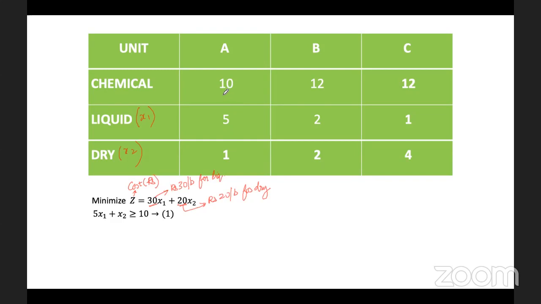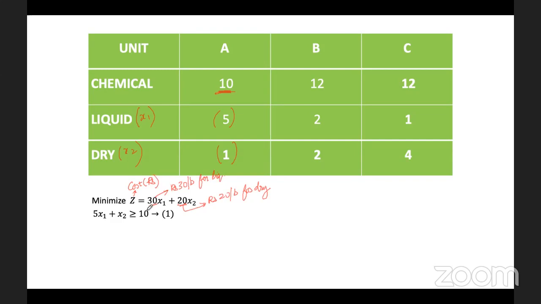First line of the question goes like, minimum you require 10 units of chemical A, minimum. Okay, so either it can be as a liquid or as a dry product, but 5 should be there as a liquid, 1 should be as the dry product. So 5 into x1 plus 1 into x2, which is just x2, should be greater than or equal to 10. Okay, that is the reason.